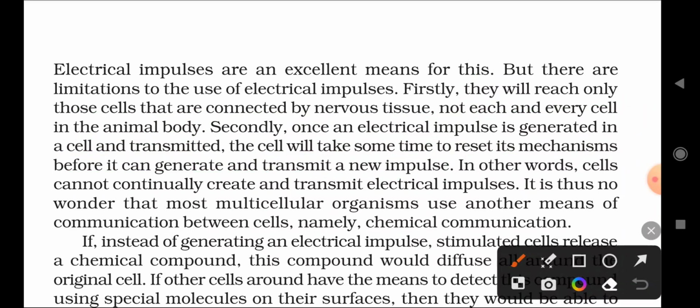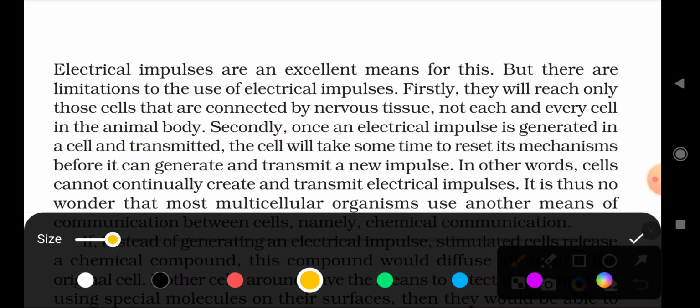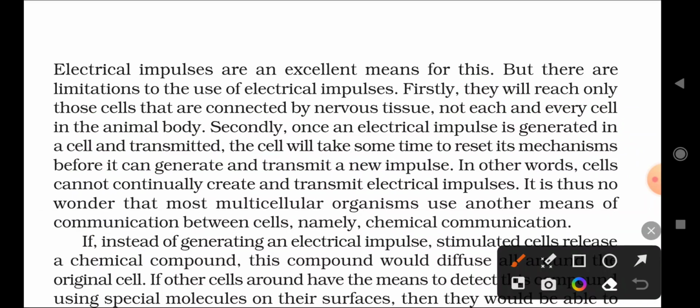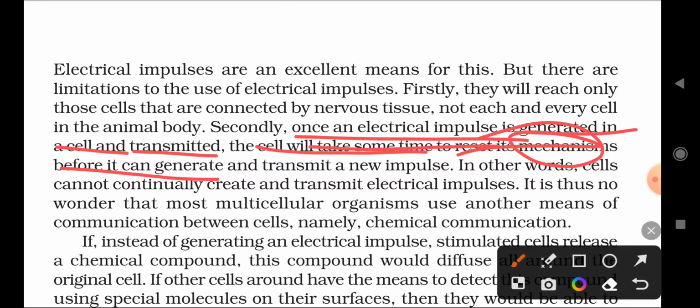Another important disadvantage: once an impulse is generated in a cell and transferred to the next cell, the cell will take some time to reset its mechanism before it generates and transmits a new impulse. These are the two major disadvantages of using electrical impulse.